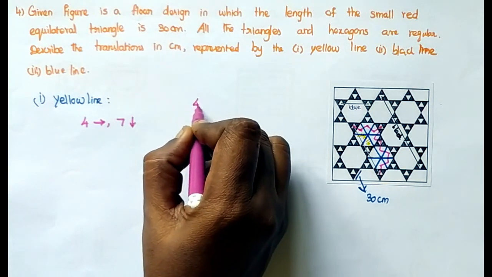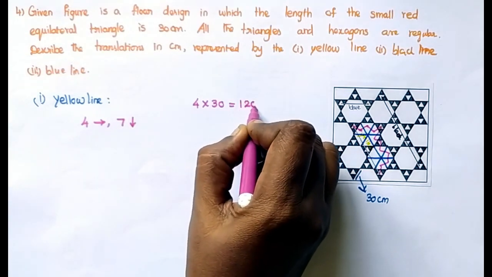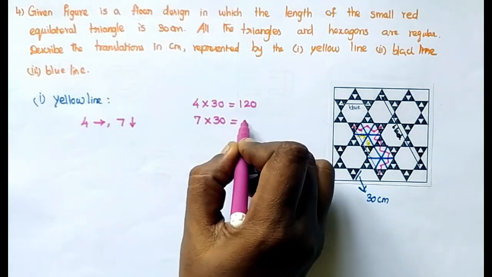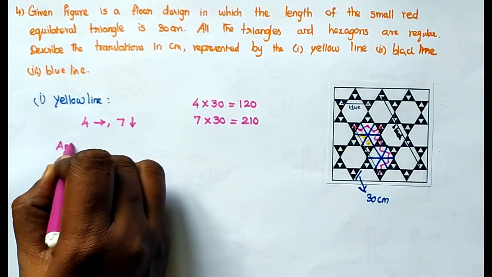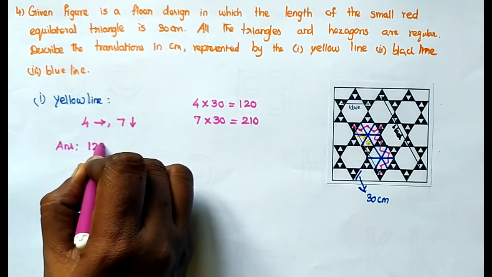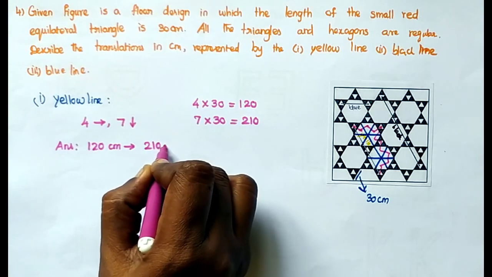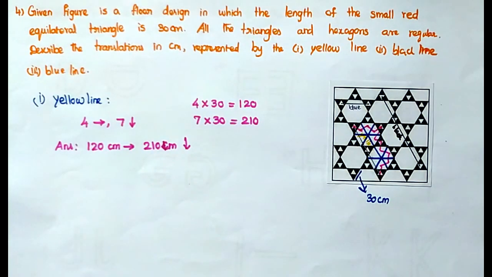So 4 into 30 equals 120. And then 7 into 30, 210. So what is the answer? 120 centimeter right side and 210 centimeter downwards. That is the answer.